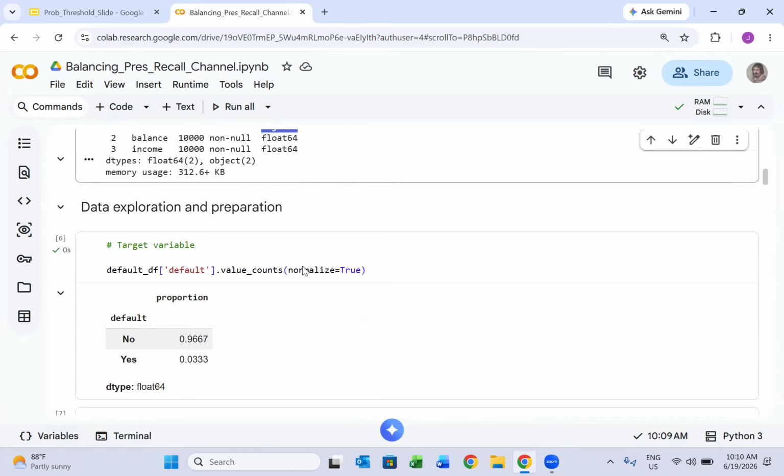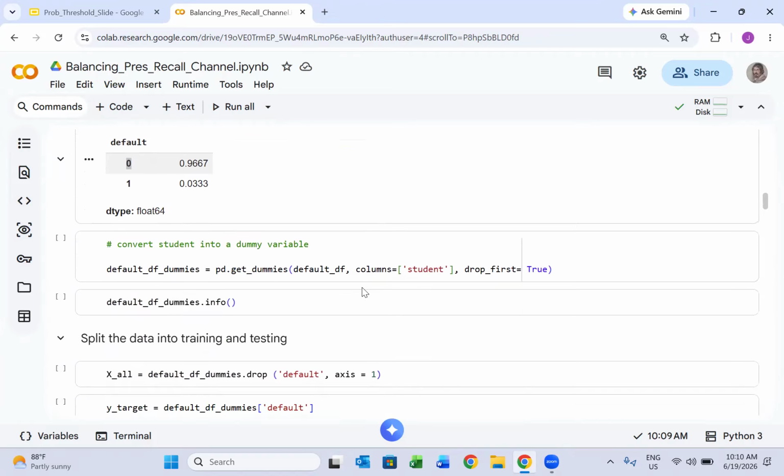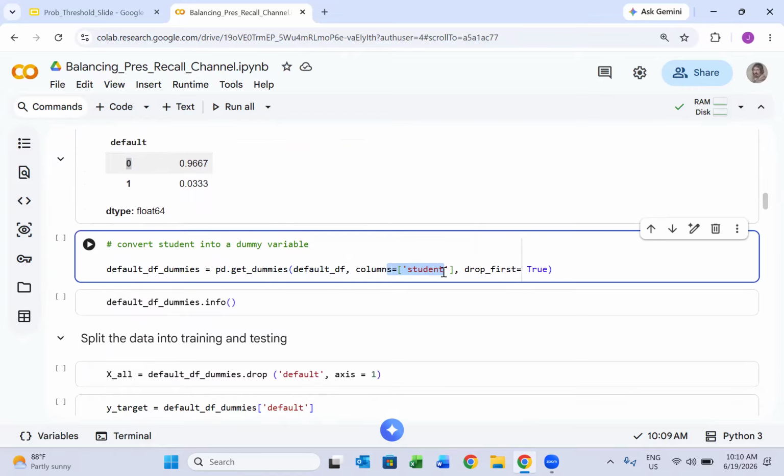In this case, I apply dummy coding and I transform the student column into a dummy column, okay, by using the get_dummies function from pandas, okay. And I created a new data frame with that dummy. So default_df_dummies, that's the final data frame I'm going to be using in this video, okay.